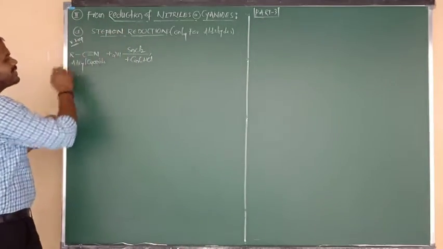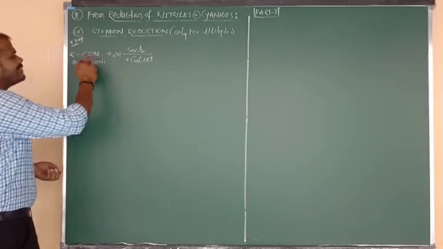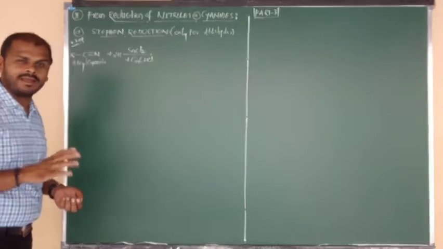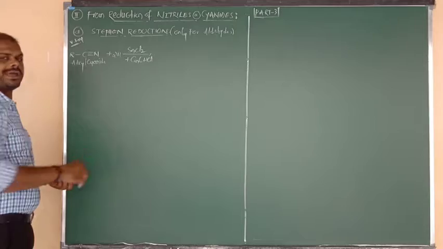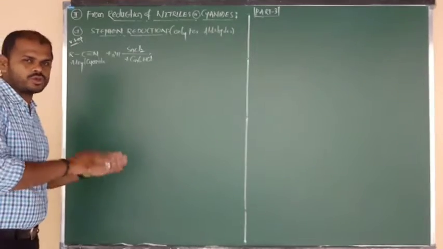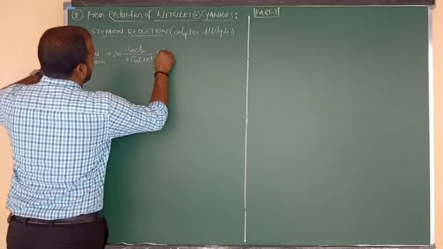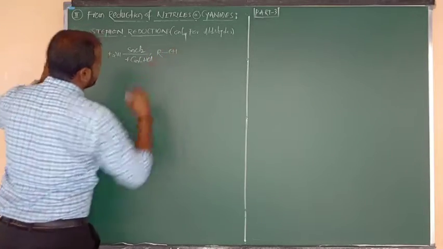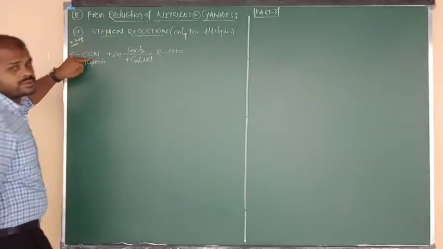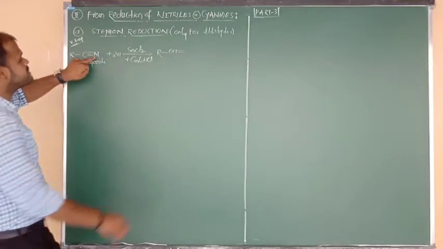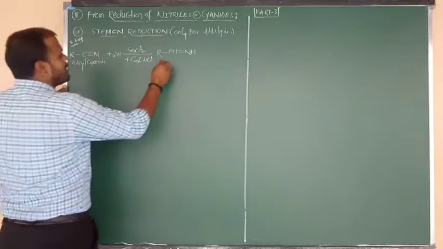One hydrogen is given to C and C becomes CH, and another hydrogen is given to N and N becomes NH. After addition of hydrogen, the triple bond is reduced into a double bond. So now we can write R bonded to CH, double bond, NH. This is your compound.